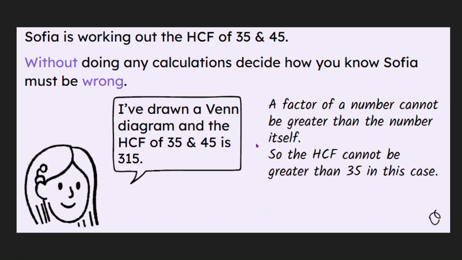We learned last week that a factor of a number cannot be greater than the number itself. So 315 cannot be a factor of either of these numbers. It's bigger than them. And in this case, any number bigger than 35 would also not be the highest common factor, right? Because it can't be bigger than the number itself, right?